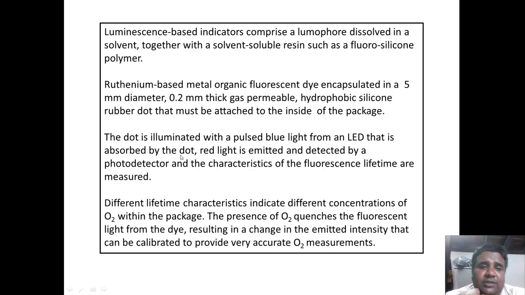The intensity of the red color varies, as the emittance of the color depends on the oxygen. So it will be more intense if more oxygen is present. As a layman or as a BSc student, you can take it like that.